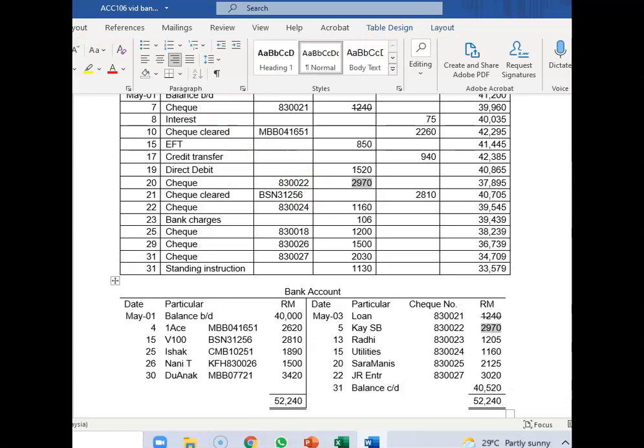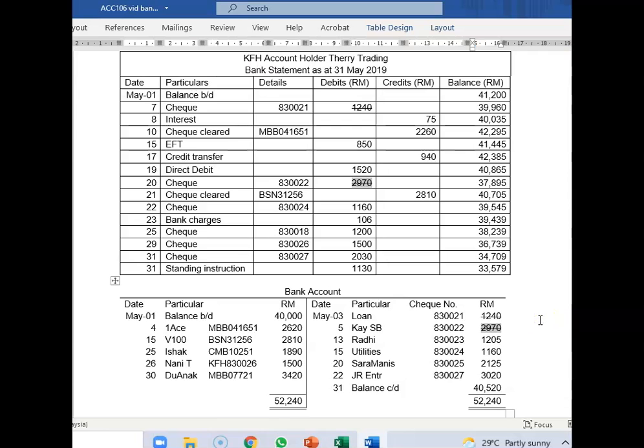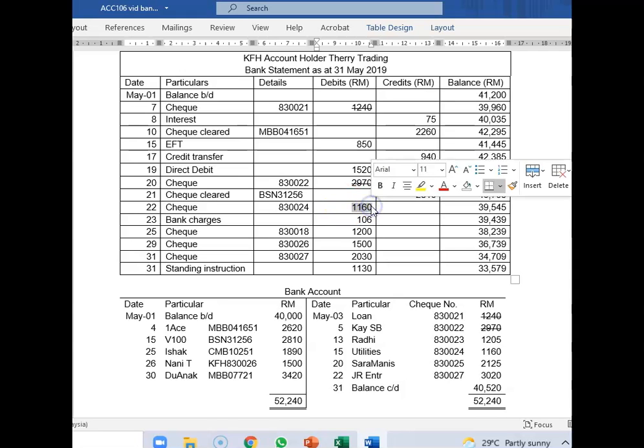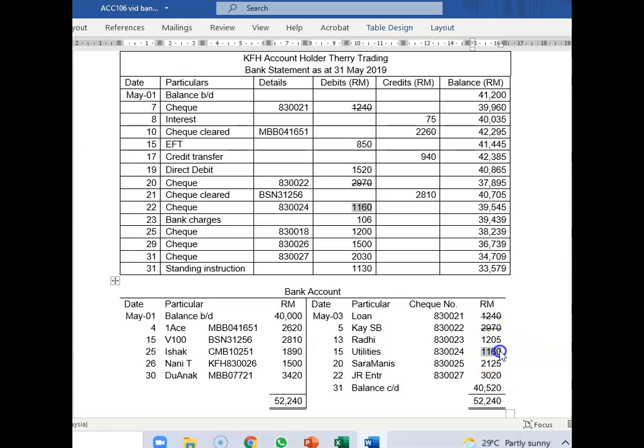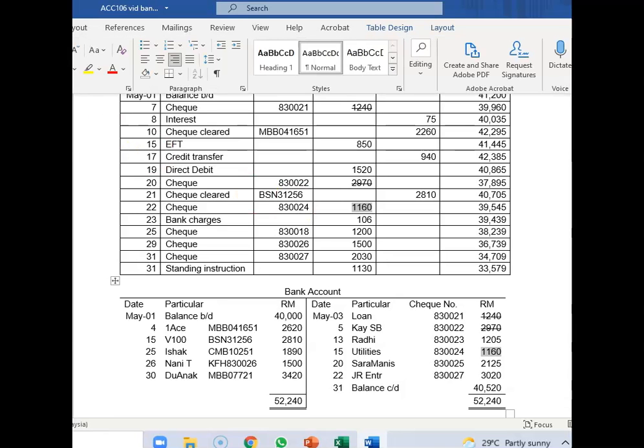So this one needs to be crossed out because it's the same. Okay, next 1,160. We found the same amount, 1,160. Double confirm with the check number, 24 in the bank account and 24 also in the bank statement, so the same. So we need to cross them out.